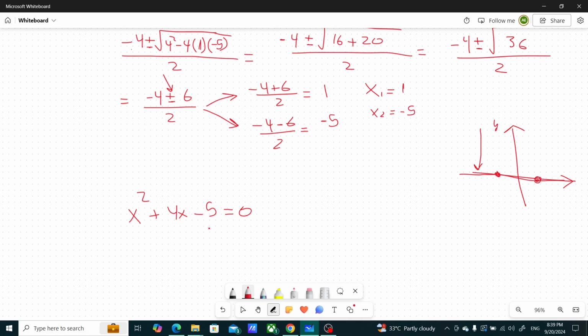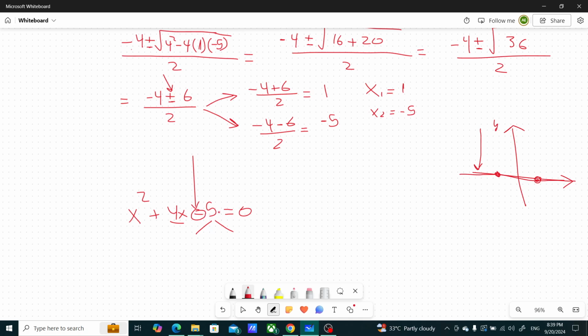The first step in factorization is looking at this sign right here. Since this sign is a minus, I will get 2 factors of 5 that will subtract to 4. Again, the first step is to look at this sign.